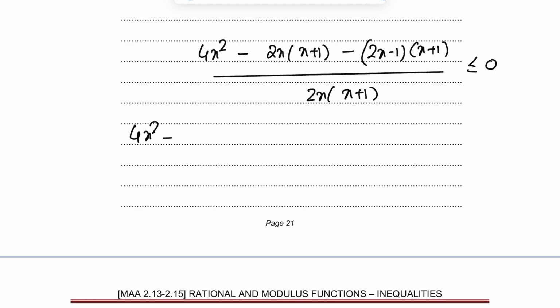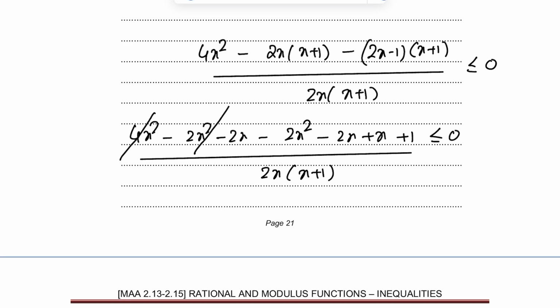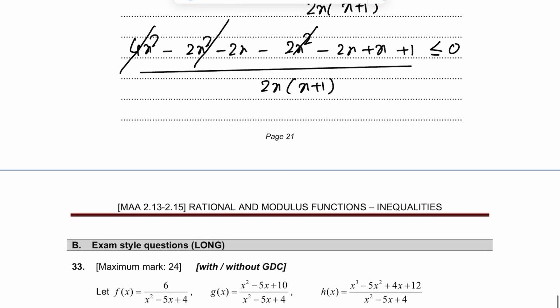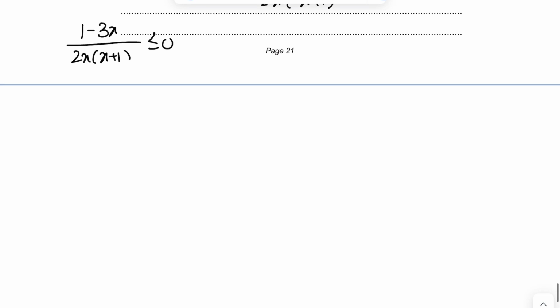So this becomes 4x square minus 2x square minus 2x minus 2x square minus 2x plus x plus 1, over 2x times x plus 1. So 4x square gets cancelled. So it becomes 1 minus 3x upon 2x times x plus 1 is less than or equal to 0.